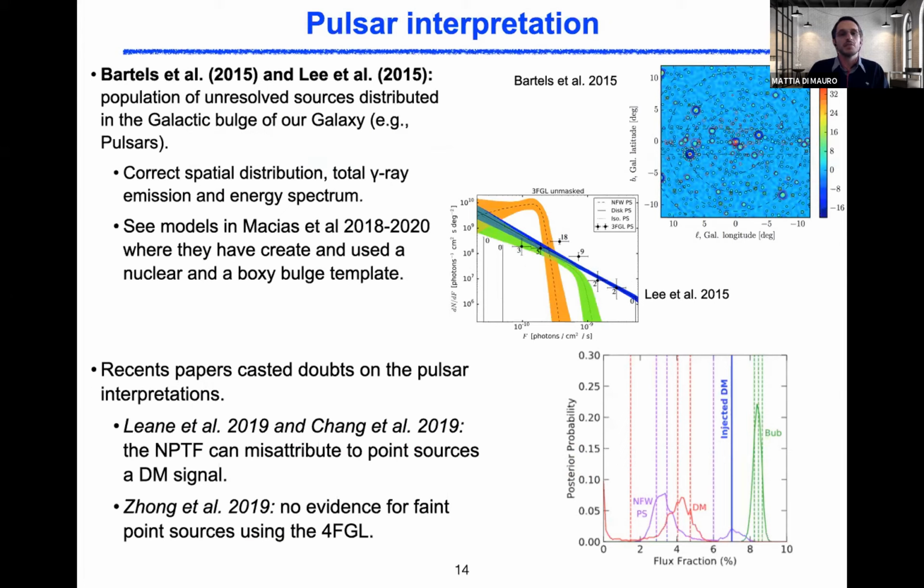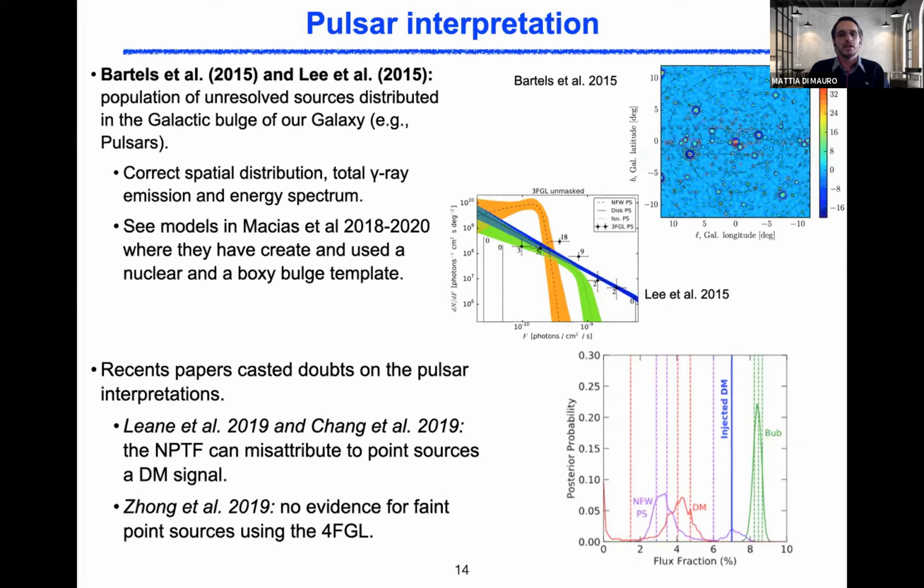This interpretation has had an additional motivation from the papers by Macias et al., where they model the stellar population that could be a tracer for pulsars, with a boxy bulge and a nuclear bulge, and they find that these two templates are preferred over a dark matter template.